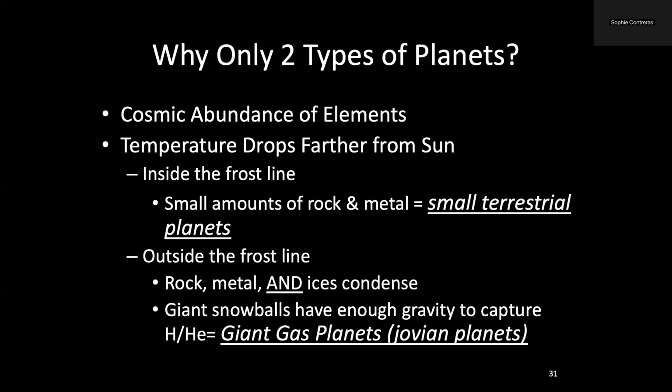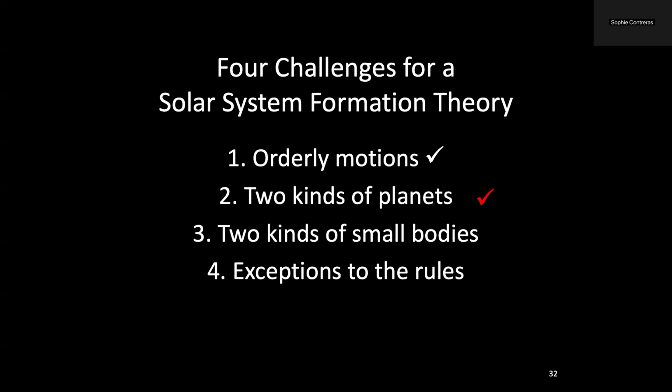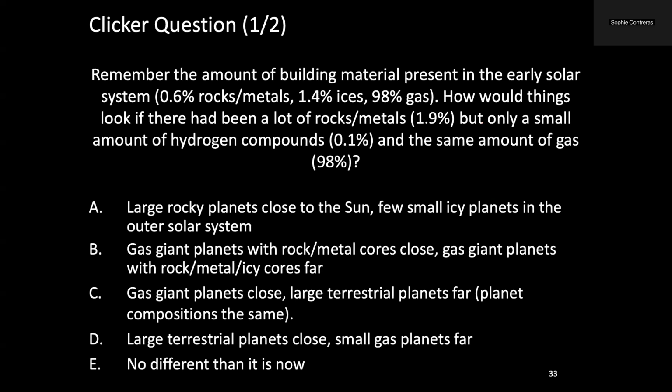So did we do it? Yeah, we explained why there are two types of planets. Pretty straightforward. Now, here's the thing, and you're going to see this a lot in this homework. We're getting to a point now where it's not just, oh, is there a crater there? Instead, we are building a mental model of how the solar system was formed. And in order to test that mental model, you are going to see questions like this. Oh, come on.